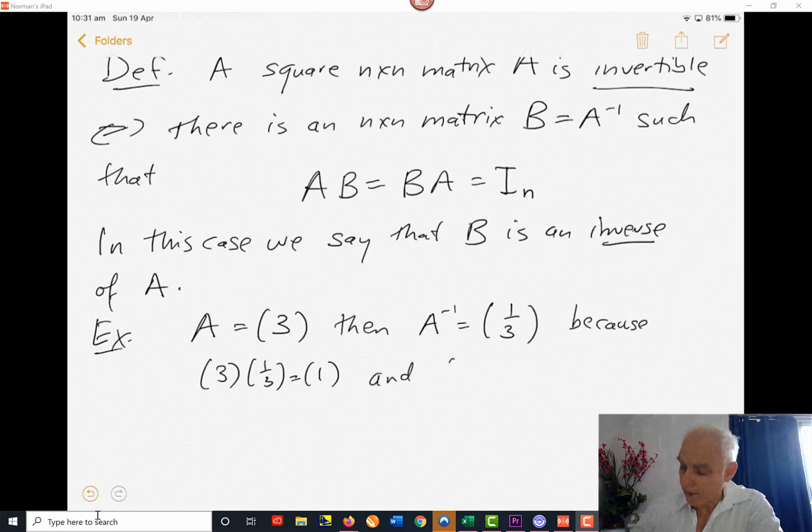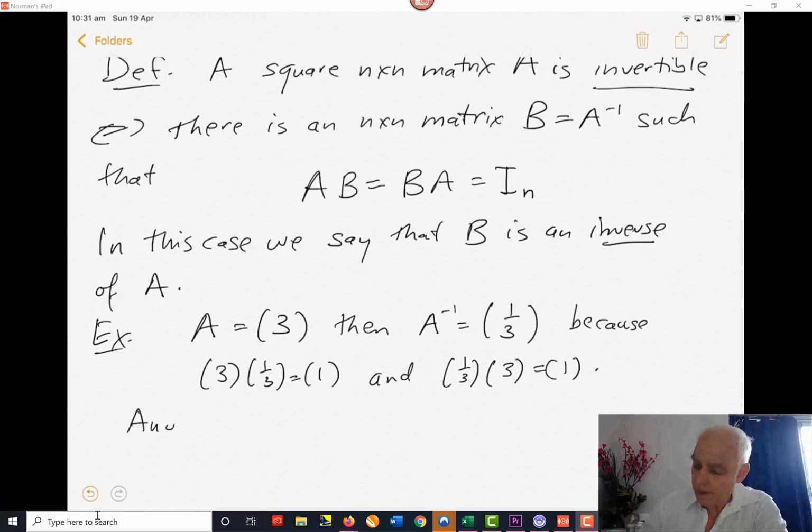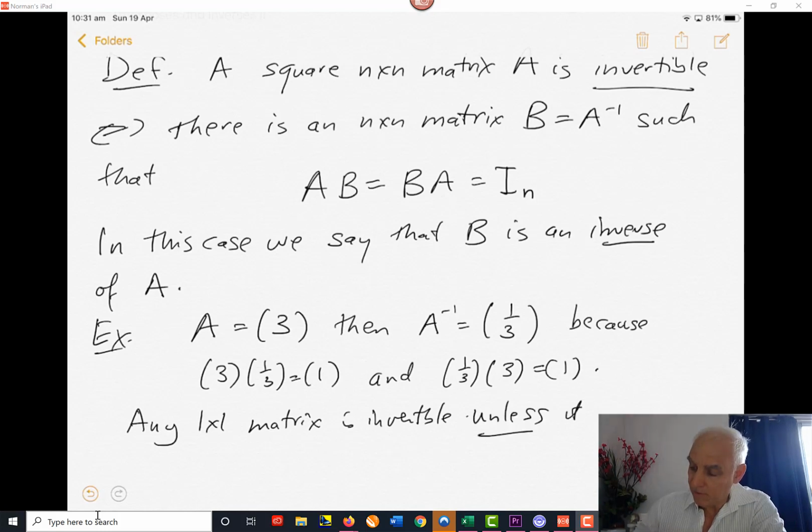And also when we multiply them in the other order, we get the identity matrix. In fact, any 1 by 1 matrix is invertible unless it is the 0 matrix. That matrix is not invertible.